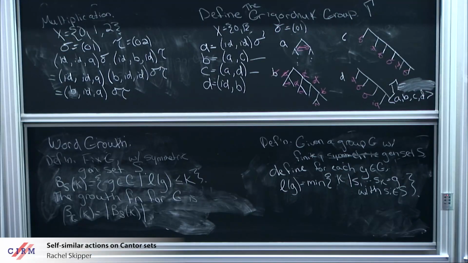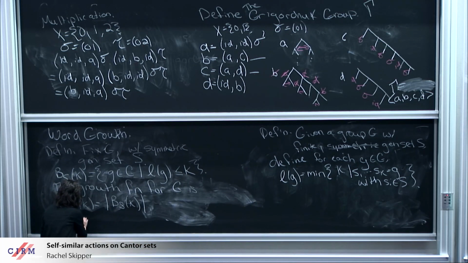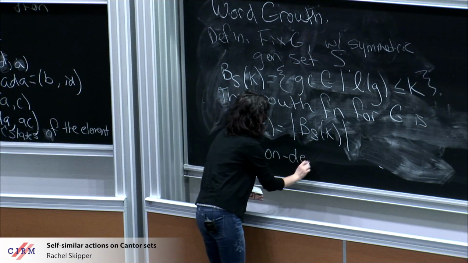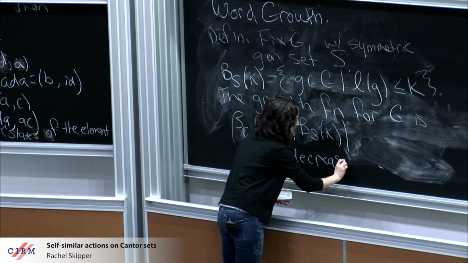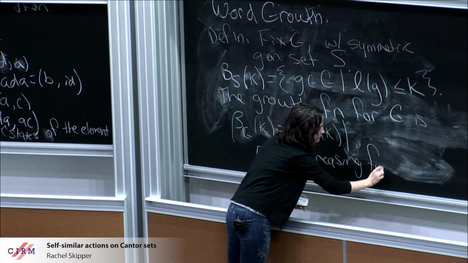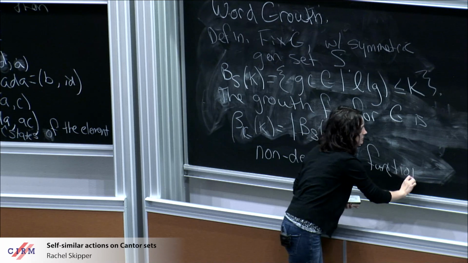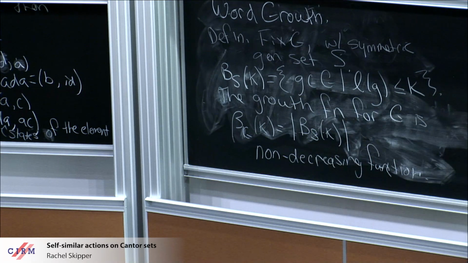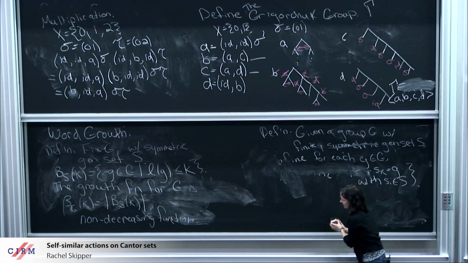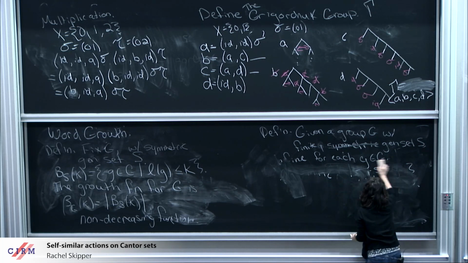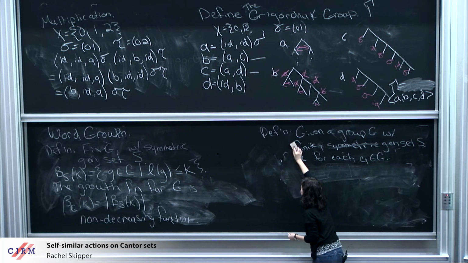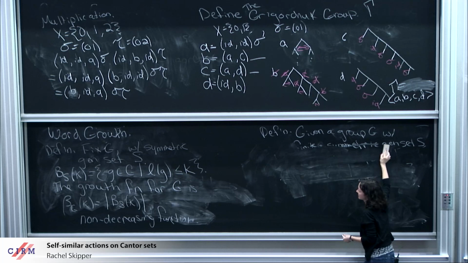As k grows, we get different beta values, but this is a non-decreasing function. As stated, it currently depends on our generating set, but we can make it not depend on our generating set by looking at equivalence classes of functions.